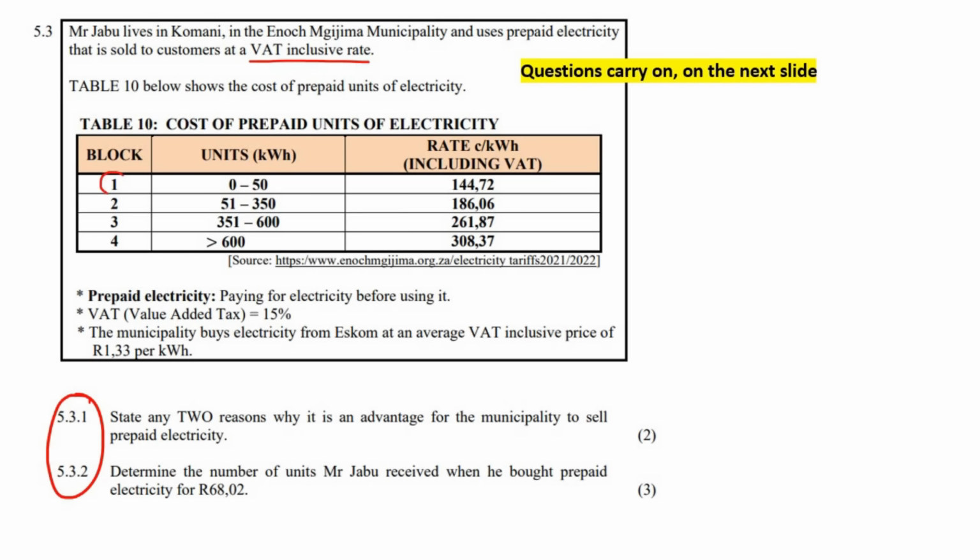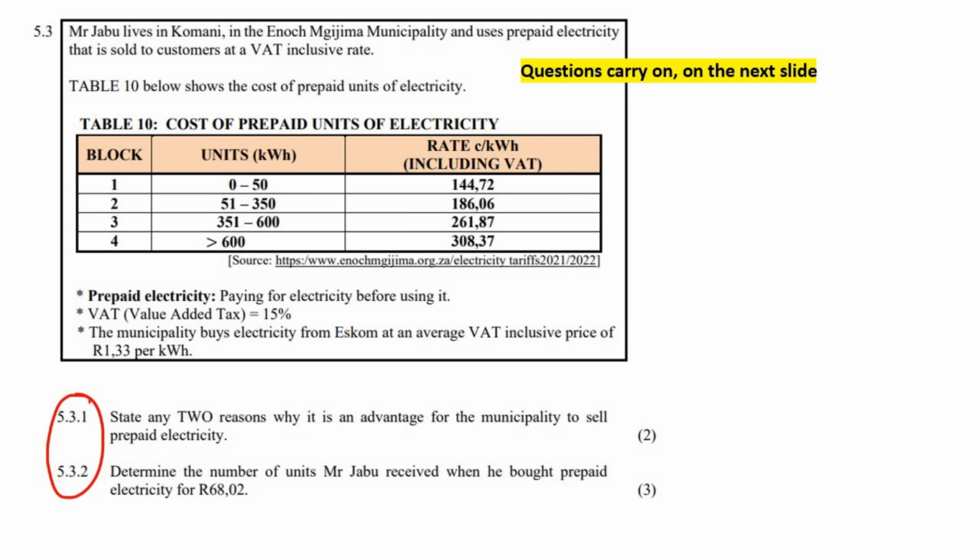So if you use block 1, then that means you are someone who uses anywhere between 0 and 50 kilowatts, then they will charge you this amount per kilowatt. Okay? If you start using more electricity, then you are going to start paying more per kilowatt. It's almost their way of trying to stop you from wasting electricity. So as you start using more, they're going to start increasing the price.